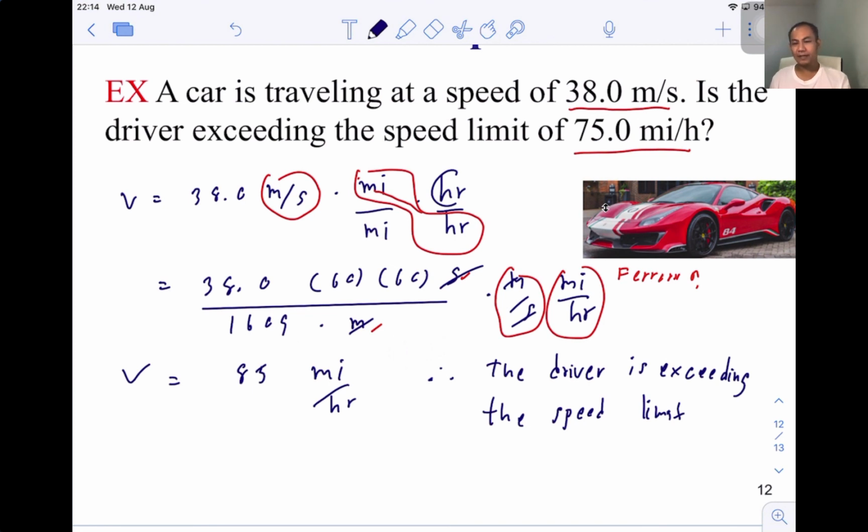Okay, but this is in the US. How about if this driver drives this car with the same speed in Thailand? Is he exceeding the speed limit of Thailand?